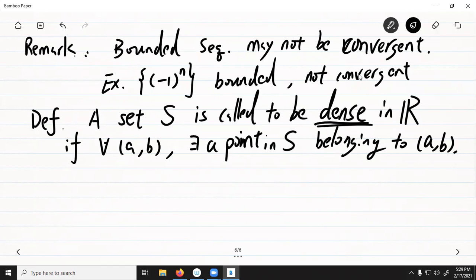We know that the rational numbers are dense in R. The irrational numbers are also dense in R, but the integers are not dense in R. Dense means almost everywhere.